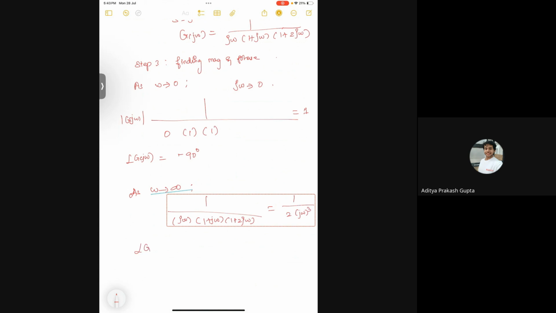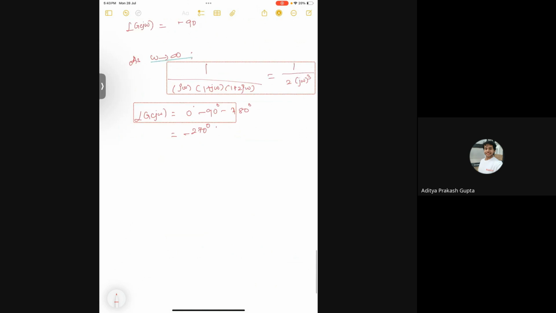So the angle would be 0 minus 90 minus 180, which is minus 270 degrees. So when omega equals 0, this is 1 at minus 90 degrees. When omega tends to infinity, this becomes 1 by 2 j omega cube at an angle of minus 270 degrees.